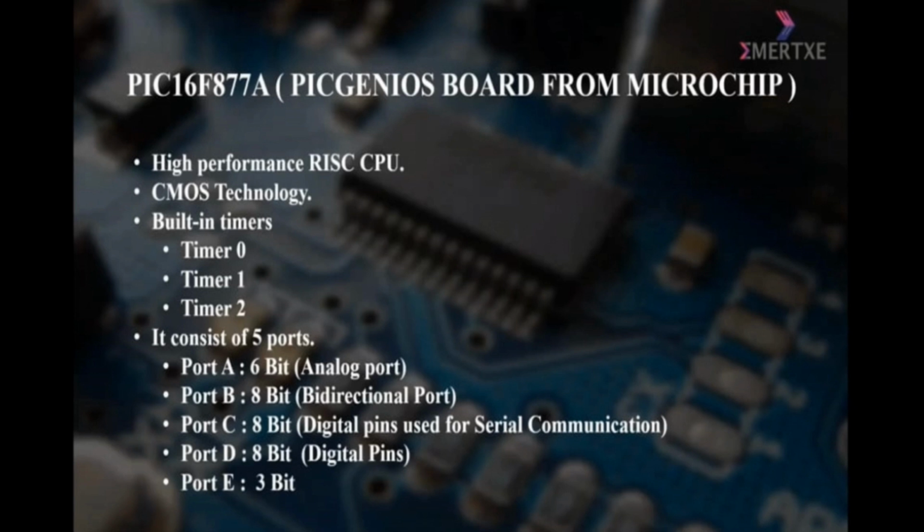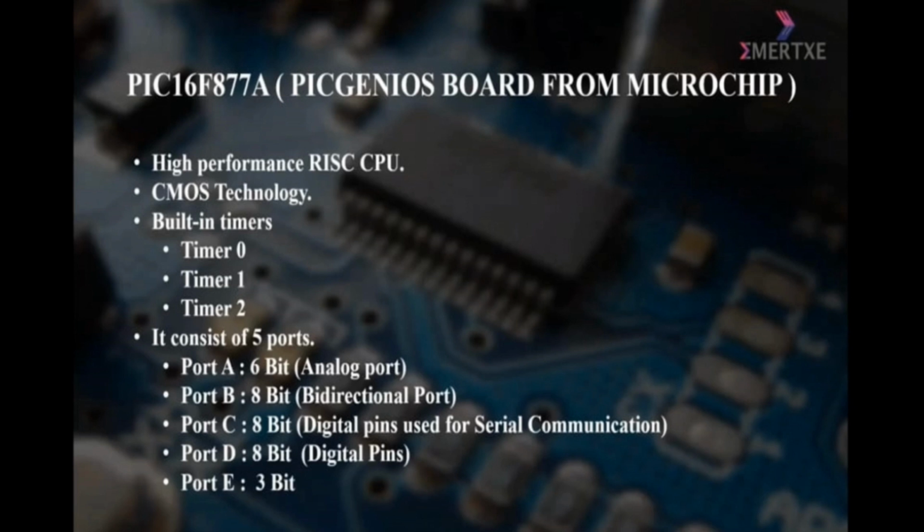Next, let me explain the PIC 16F877A PIC Genius board from Microchip. It has a high performance RISC CPU in CMOS technology, and it consists of 5 ports. Port A has a 16-bit analog port and port B has an 8-bit bidirectional port.